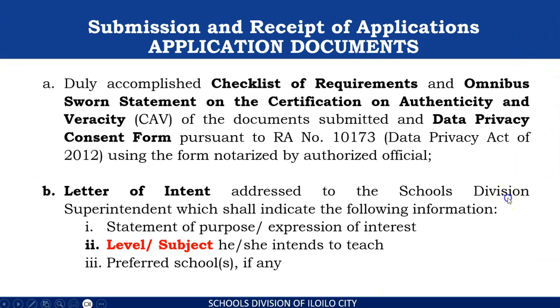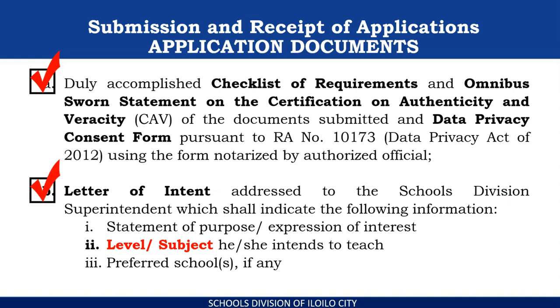First, duly accomplished checklist of requirements and omnibus sworn statement on the certification on authenticity and veracity of the documents submitted in the Data Privacy Consent Form pursuant to RA 10173 or the Data Privacy Act of 2012 using the form notarized by authorized official.